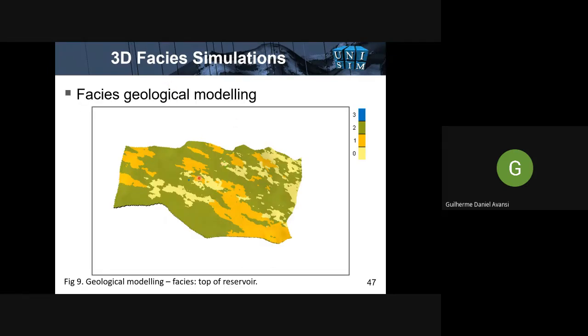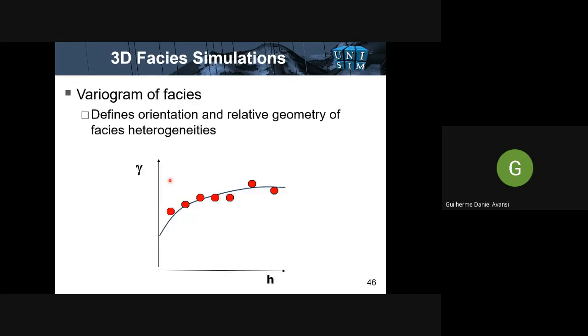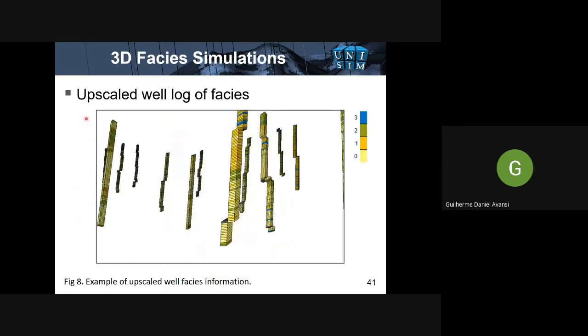And this is one example of an output after this phase geologic modeling. It's good to remember, this is the information that you have just in the wells. So we need to fill in the information that is in between the wells.